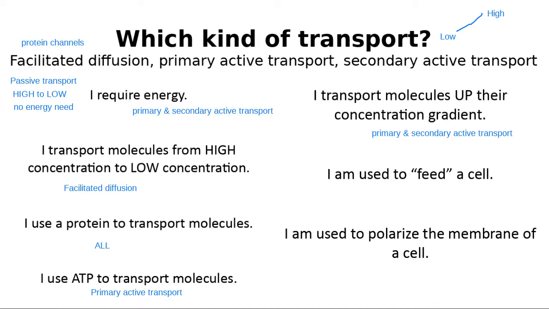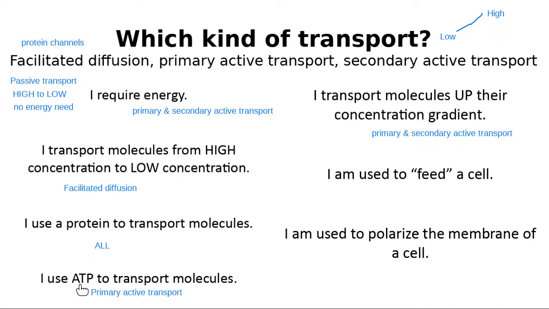Whenever you think of primary active transport, you should be thinking my cell is using its energy money. And that analogy you have in your notes about how we could do the Great American Road Trip, ATP is like gas. It's the way you get your car to move. So ATP, the only kind of transport listed up here that I use ATP for is primary active transport. I chop up ATP and I can move stuff.